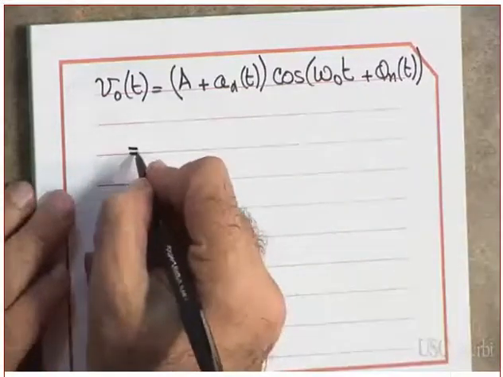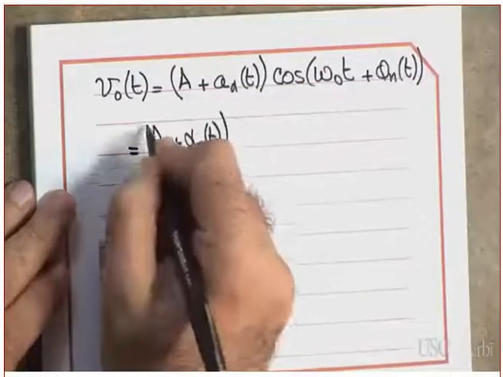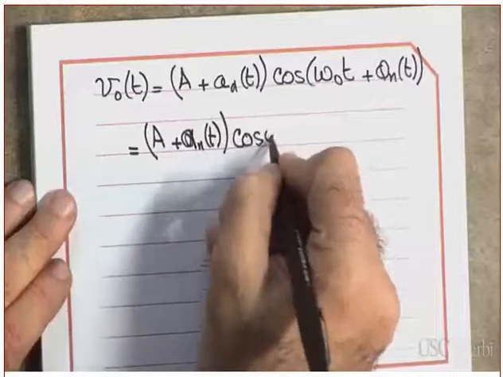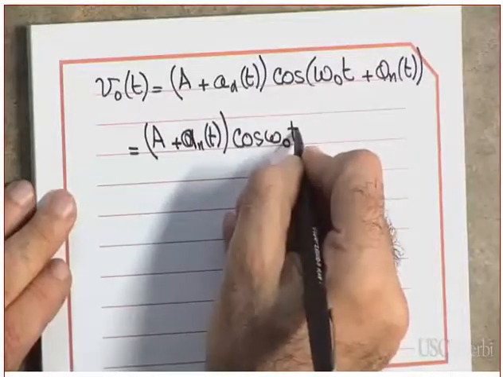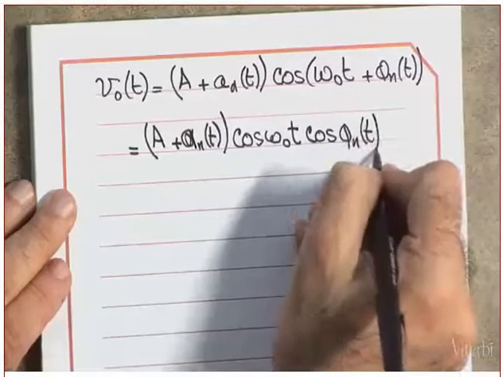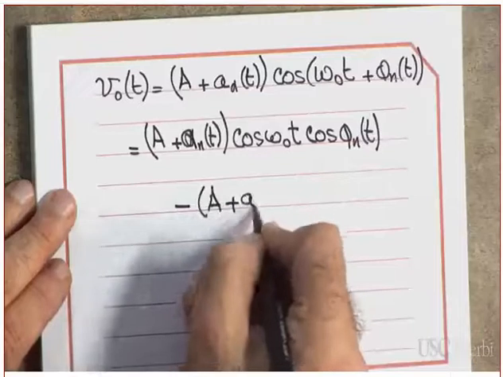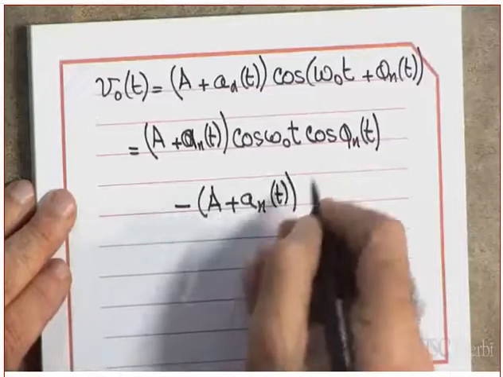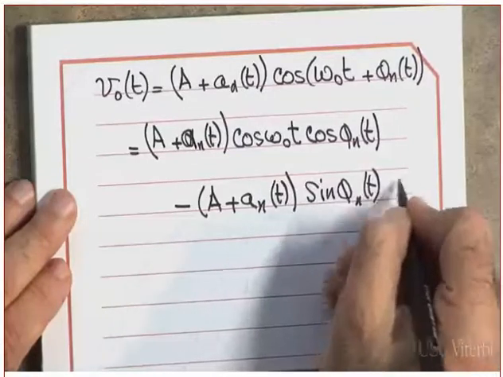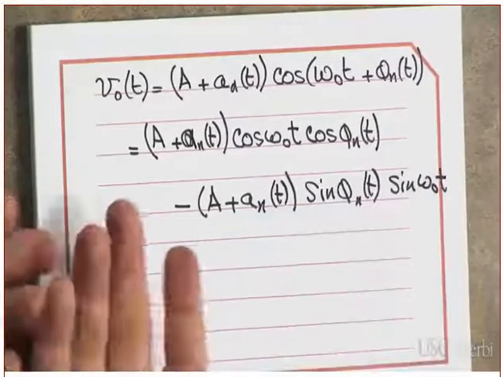You would have A plus A n of T times cosine omega naught T, yes? Cosine what? Are you following me or not? Minus A plus A n of T, sine phi n of T, sine omega naught T. Did you get it?